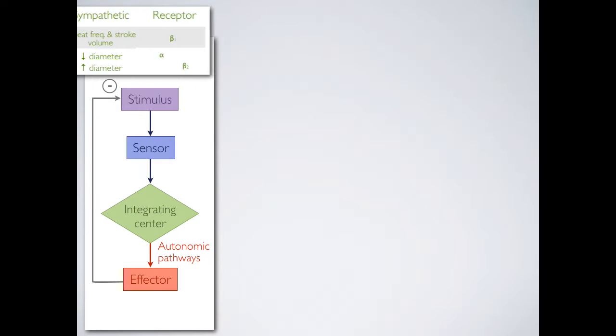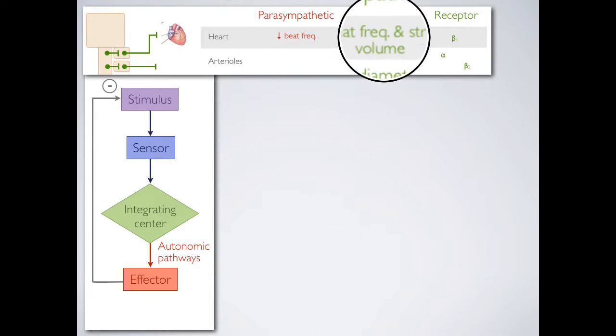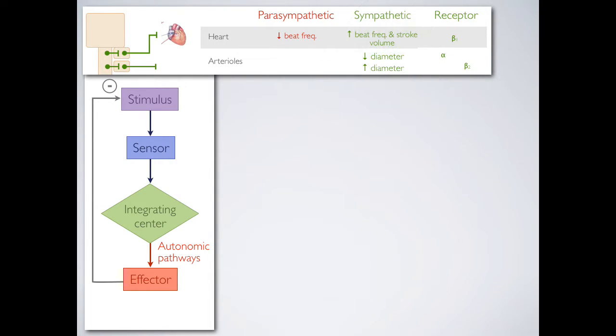And we mentioned that briefly before in that lecture where I laid out an elaborate table. And I had mentioned that through parasympathetic inputs, you can get a reduction in beat frequency, whereas sympathetic will do the reverse. It'll elevate beat frequency. It also has this capacity to increase the stroke volume.